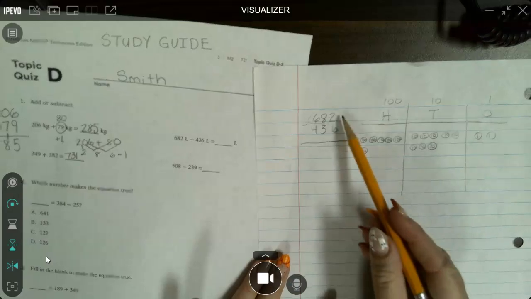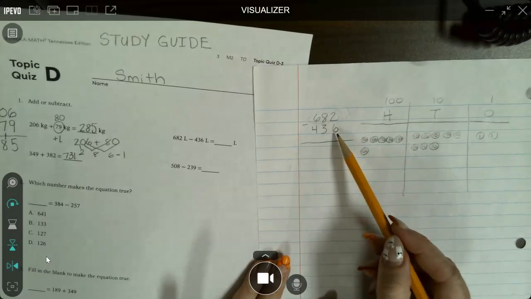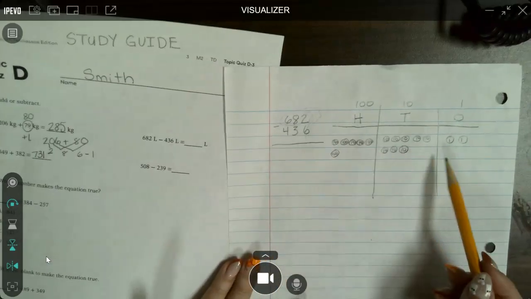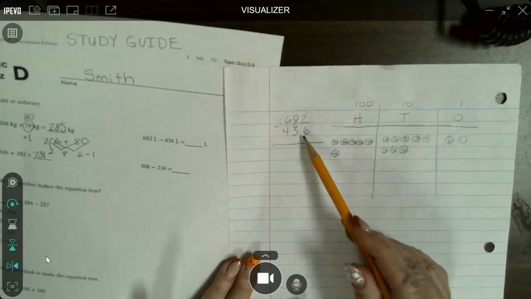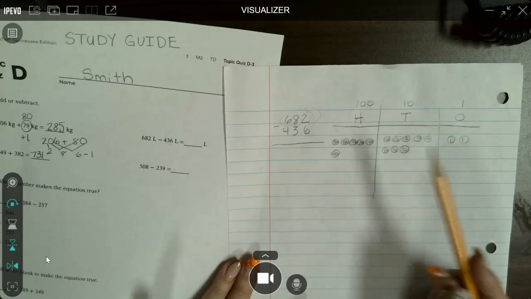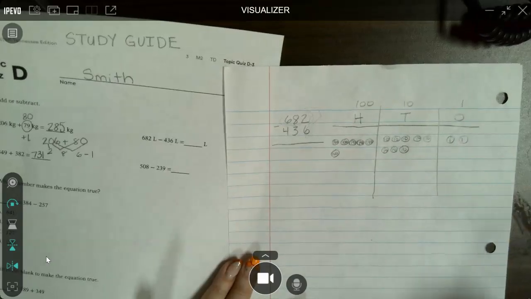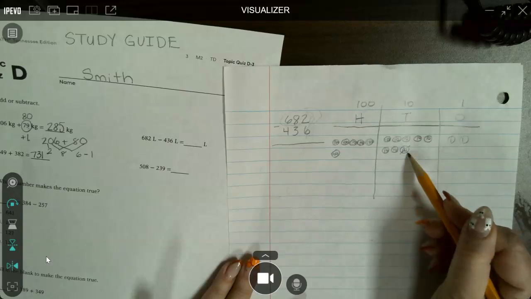We start again with the smallest unit, which is our ones place. We ask ourselves, looking at this picture, do I have enough to take 6 away? Clearly, I do not. They have learned that they have to rename and unbundle one of their neighbors.